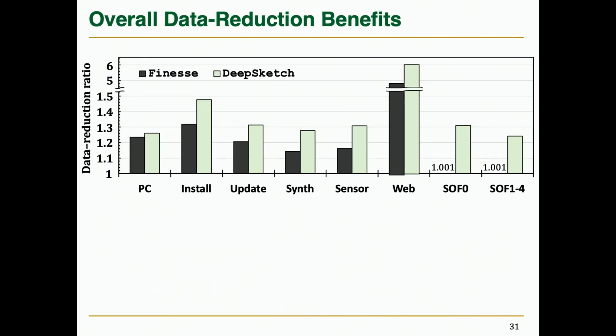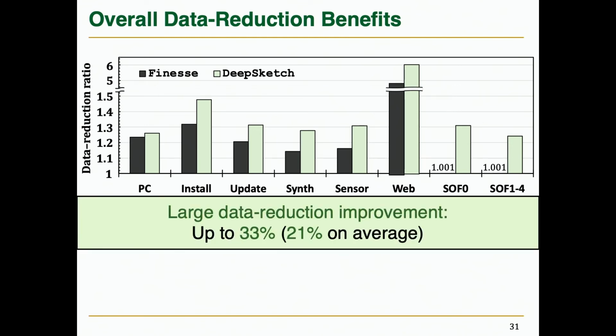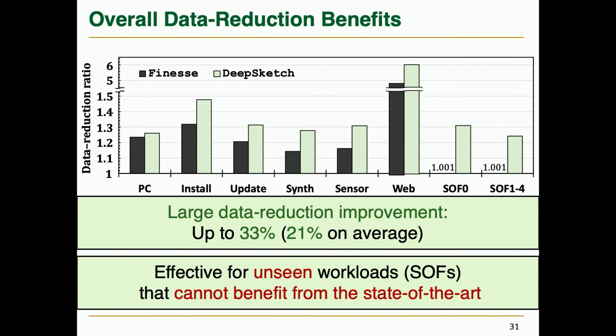So this graph shows the average data reduction ratio of Finesse and DeepSketch normalized to the simple combination of deduplication and lossless compression. We observed that DeepSketch provides a large data reduction improvement over the state-of-the-art technique. We also make 2 other interesting observations regarding the Stack Overflow results.